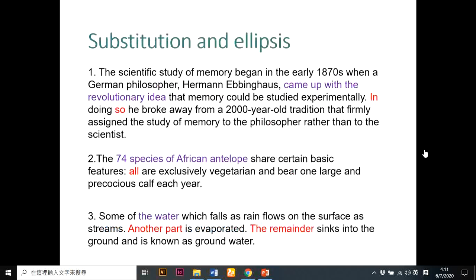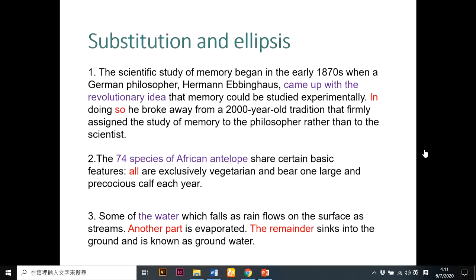Here's another example. In the first text, number 1, the writer uses "in doing so," which is highlighted in red. Again, so refers back to something that was described before. It's a substitute for came up with the revolutionary idea.